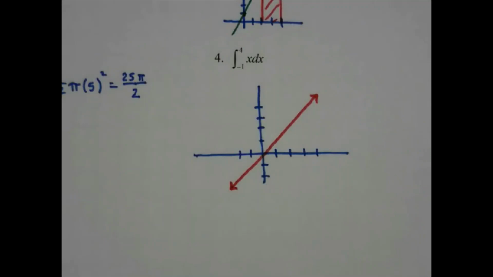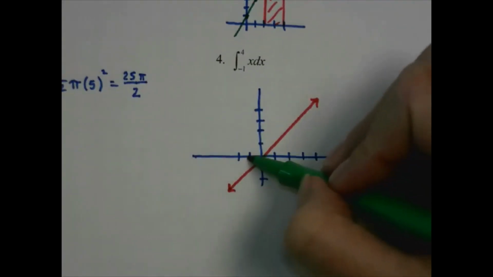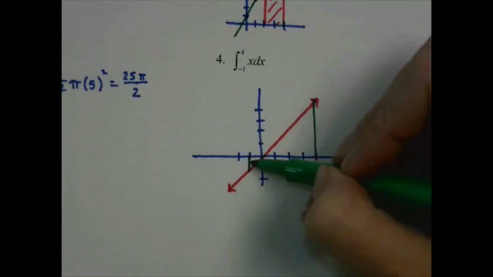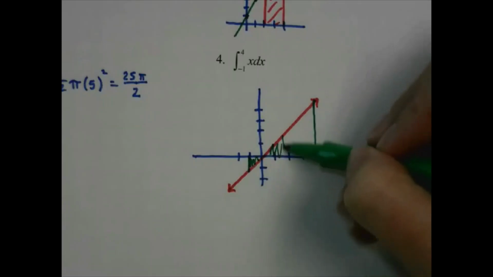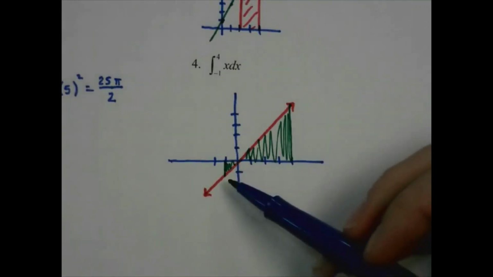Y equals x. This one, we're looking from -1 to +4. So it's this and it's this. So we have two triangles here, but one of these triangles is below the x-axis.